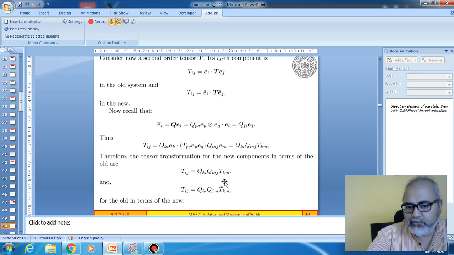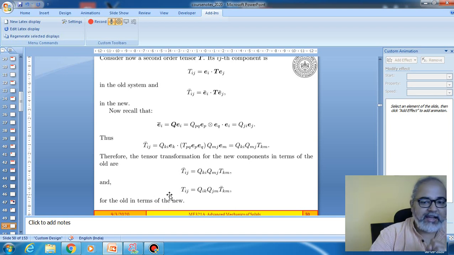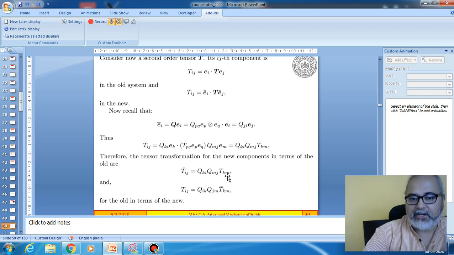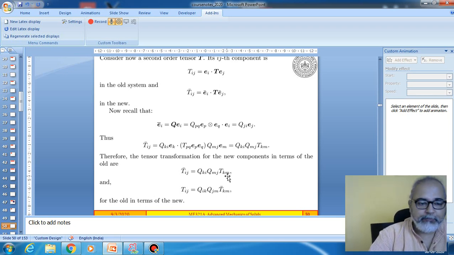Something that transforms in this way, and only this way, can be called a second order tensor. Okay, so this is the basic idea behind tensors, that it obeys a transformation rule, which is like this for a second order tensor and completely generalizable to tensors of any order.